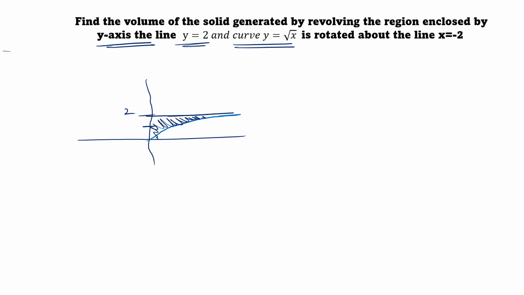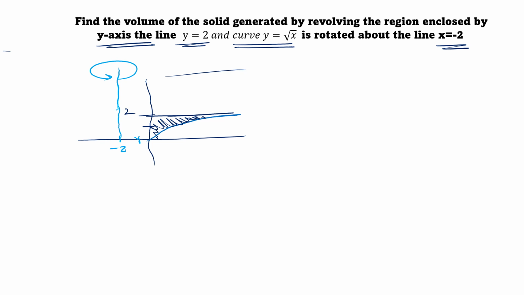Now this graph is rotated along x equals -2. So where is -2? The -2 is here. So this line is actually the axis of revolution. When it will revolve, it would be certain like this. So the line is vertical.